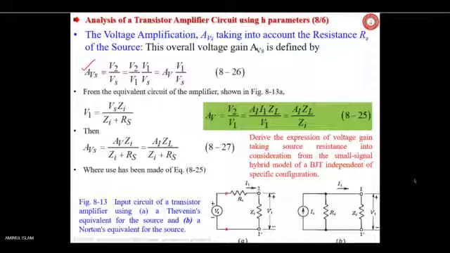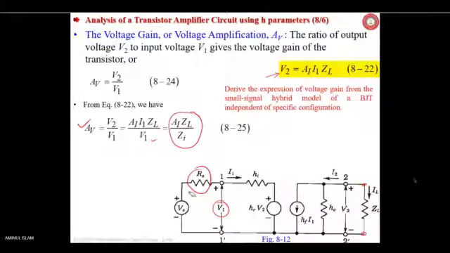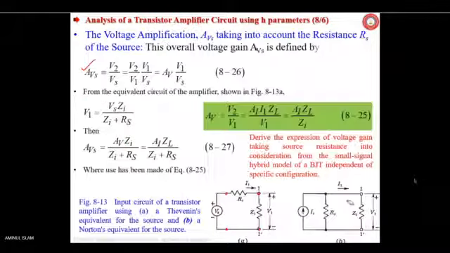Earlier we were considering voltage gain from here to here. V2 is the output voltage across the load ZL, on the right side.